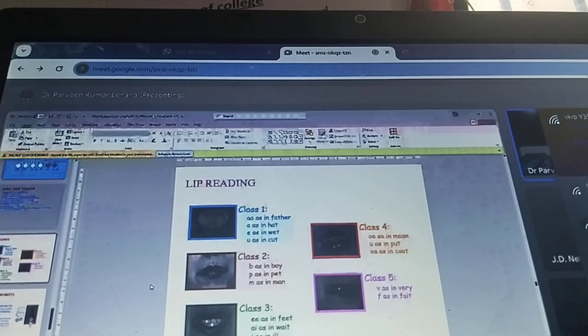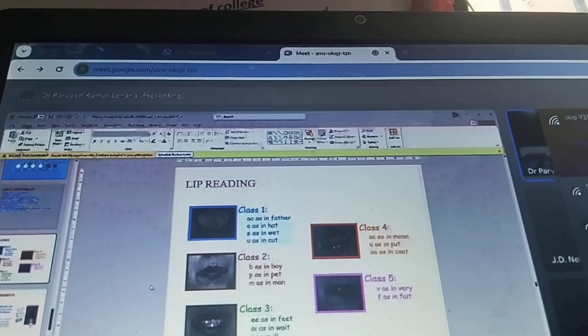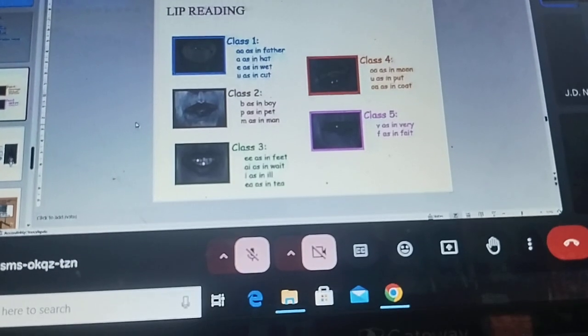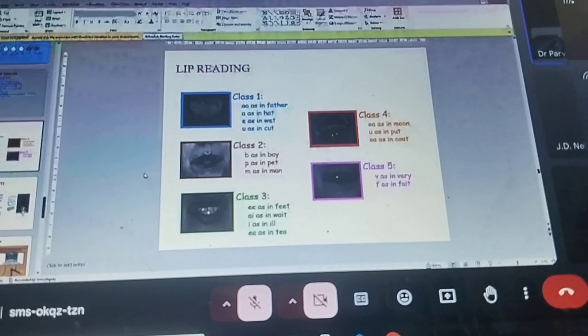When we pronounce p, that is papa, the lips are closed. And when we pronounce b, that is baba, the lips are closed. When lips are closed, nothing will come out of the mouth, that is, no signal will come out from the mouth.